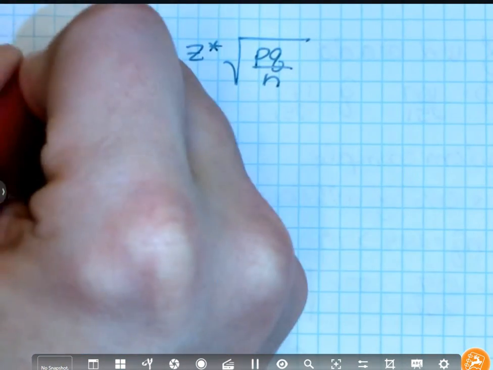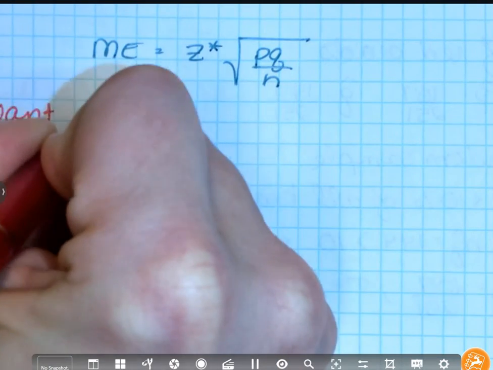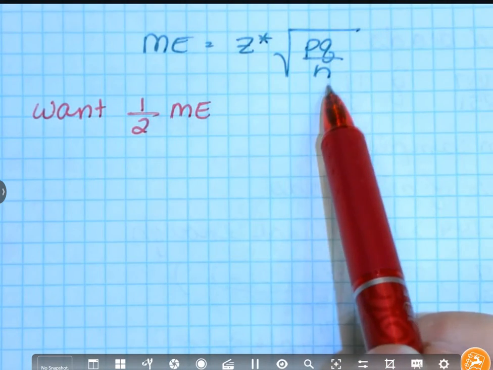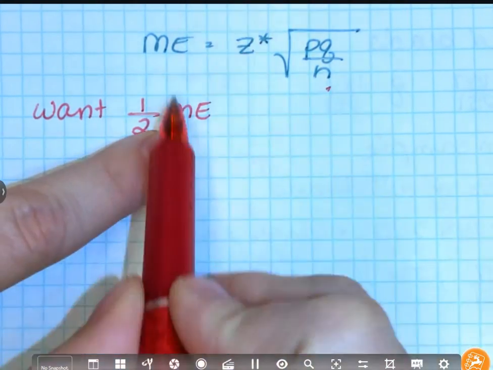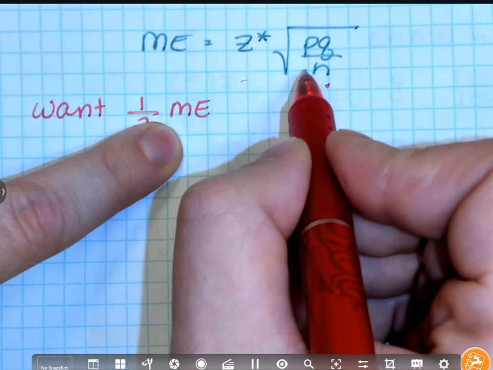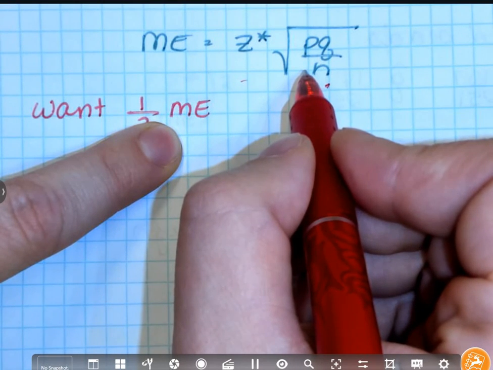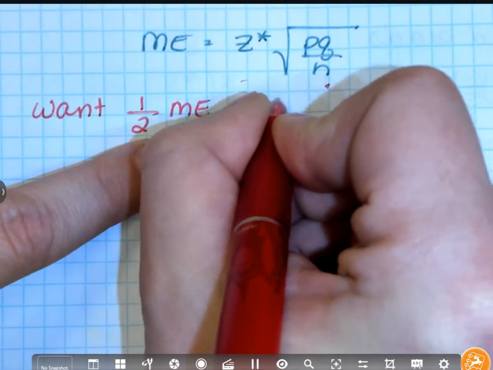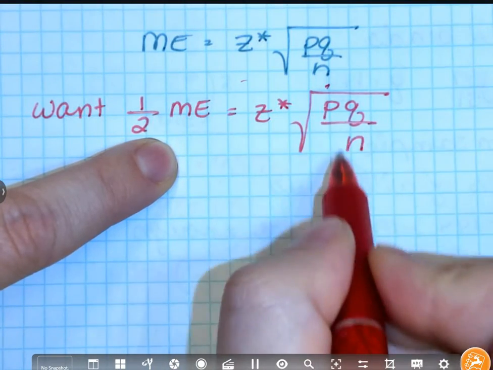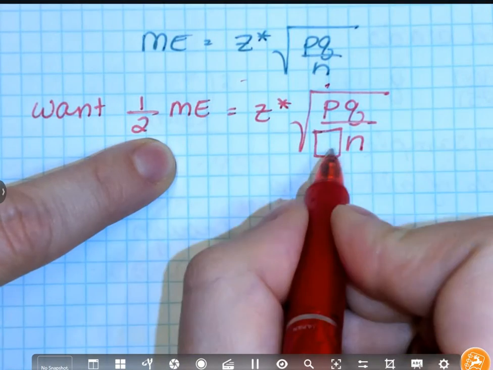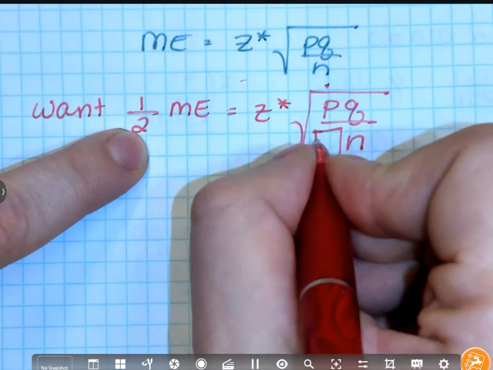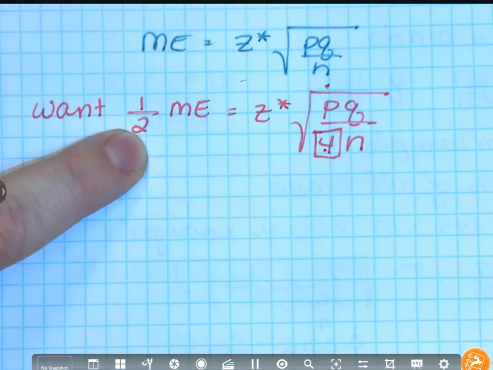If I want half the margin of error, and all I'm going to do is change N, to have this all over 2, what do I need to put next to my N? So I'm not going to change the P or the Q. I'm changing the N, and I can only do that by putting a number here. To get a 2 here, what do I need to put here? A 4. Does that make sense?